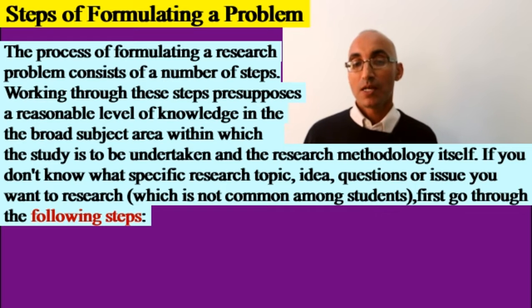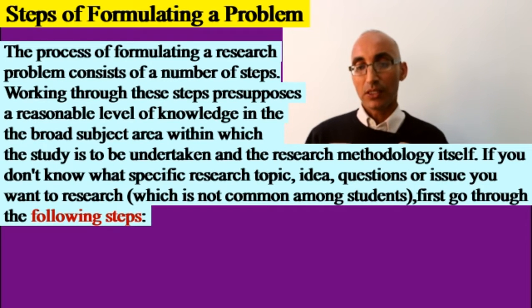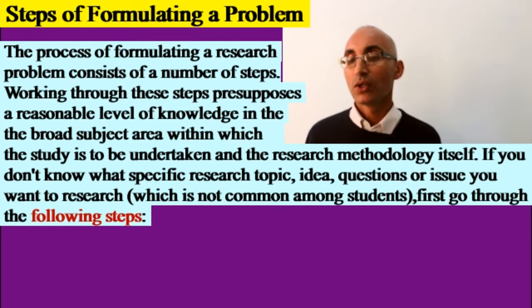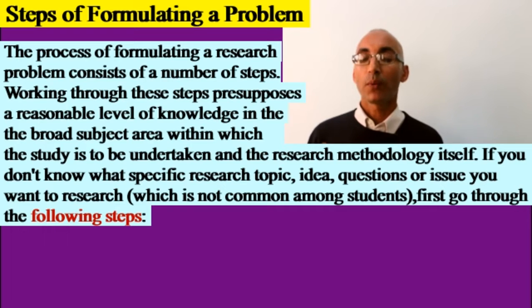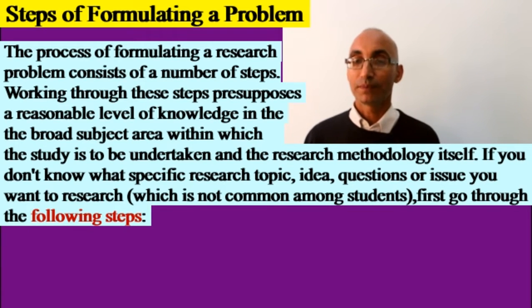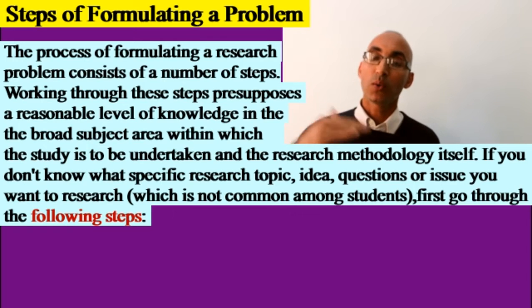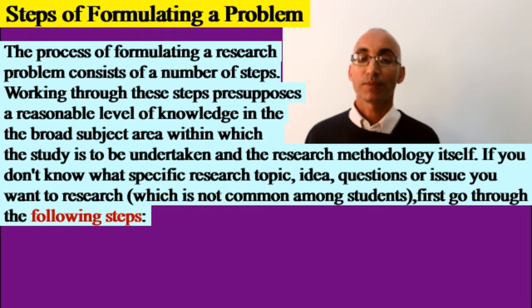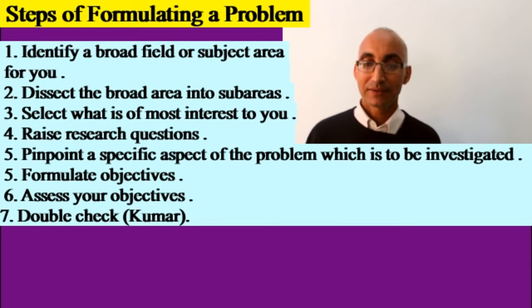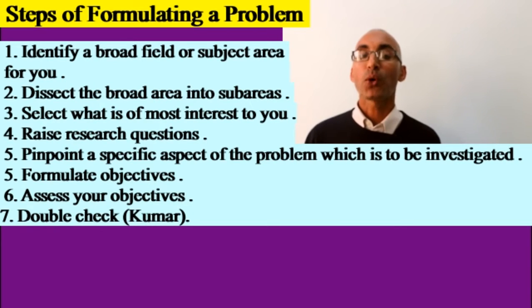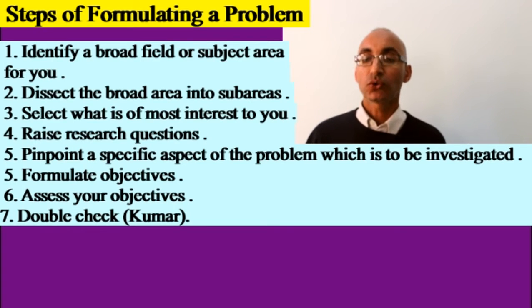Now, before you choose any topic or any idea or any questions in your mind, you need to go through the following steps to determine your problem. The first step in the whole research process. Step 1, you should identify a broad field or subject area of interest to you.